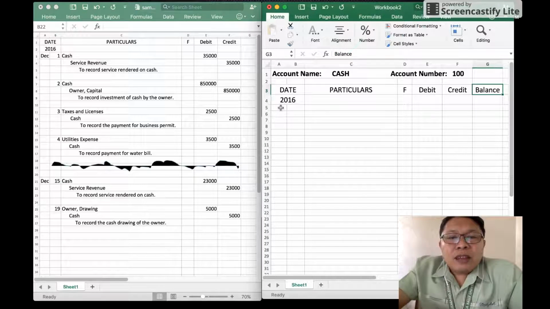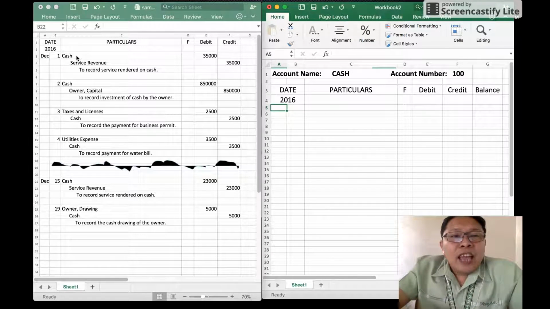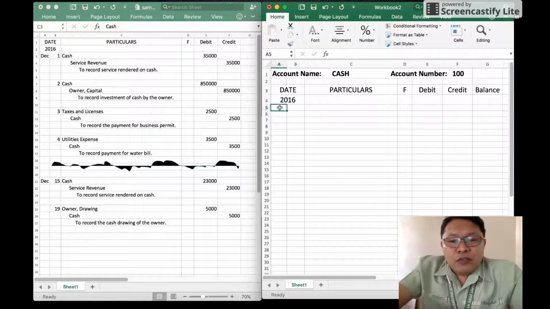Now let us start with transferring this amount. We call that process posting. So we will be posting the entry for cash to our ledger for cash. Since on December 1, we have a debit of cash which happens because the business received it for the service rendered, we have to write here December 2016, which should only appear once.